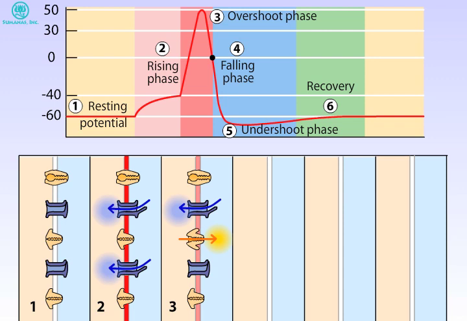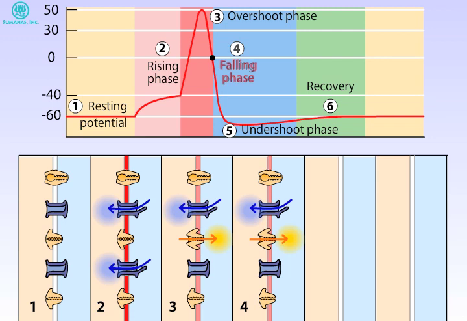These voltage-gated potassium channels differ from leak potassium channels in that they are normally closed at the resting potential but open in response to depolarization, thus the term voltage-gated. Now, the action potential is in its repolarizing phase, i.e., the membrane potential is rapidly returning to the resting potential.